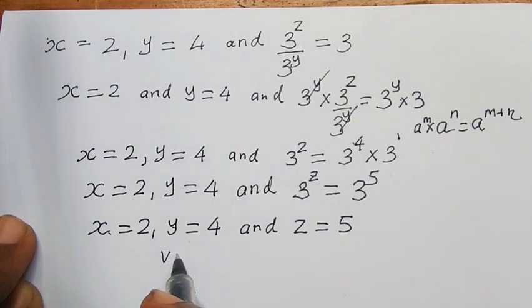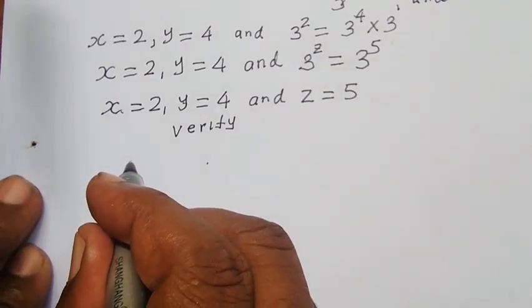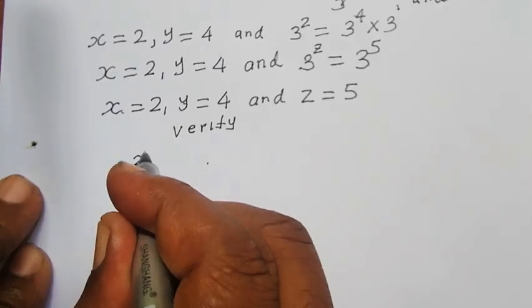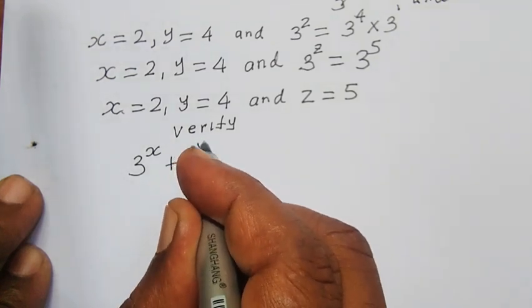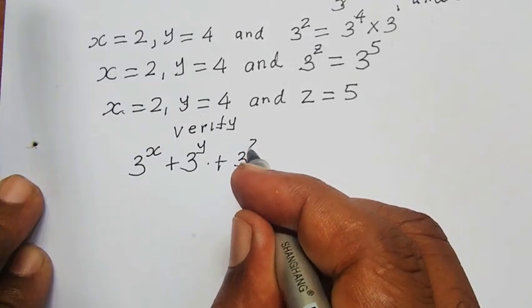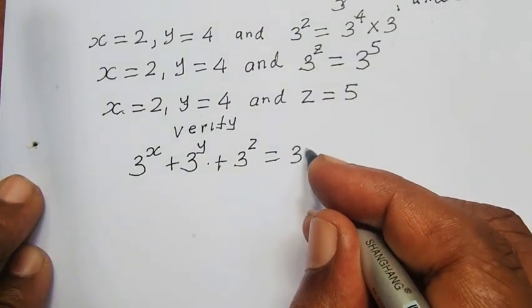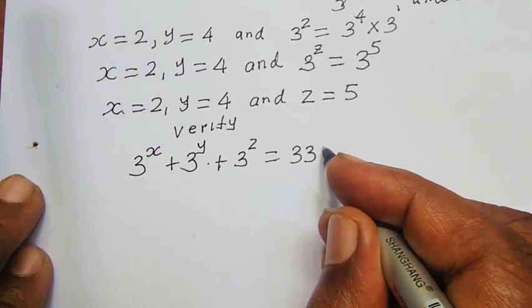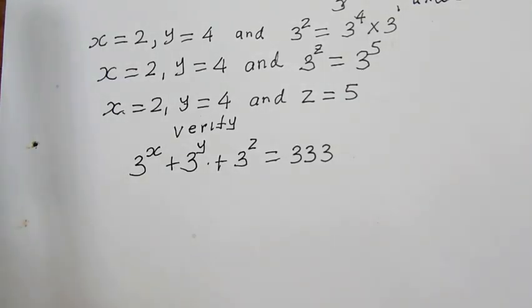Let us verify. We have 3 raised to power x plus 3 raised to power y plus 3 raised to power z equals 333. This is our question. We are told to find the value of x, y, and z.